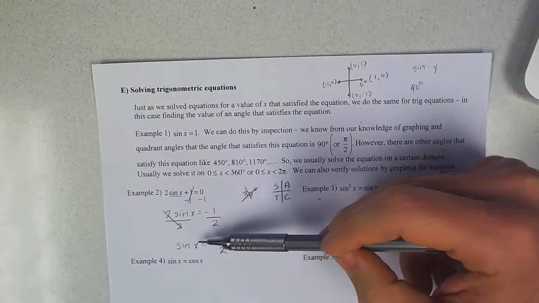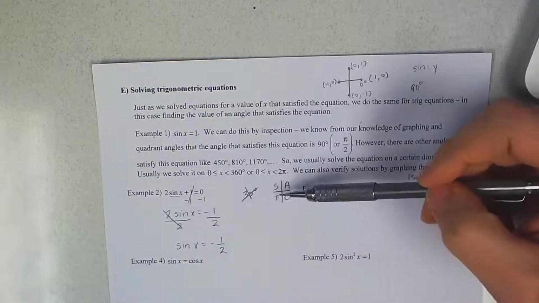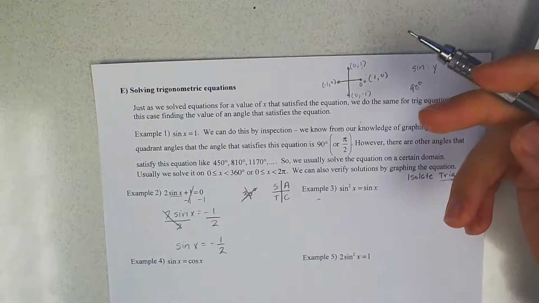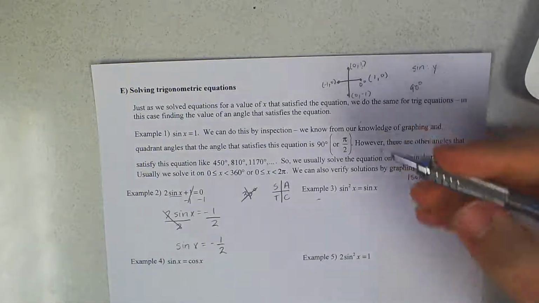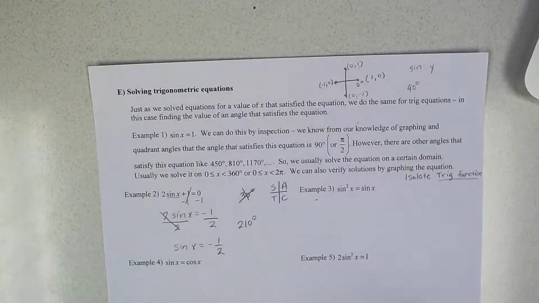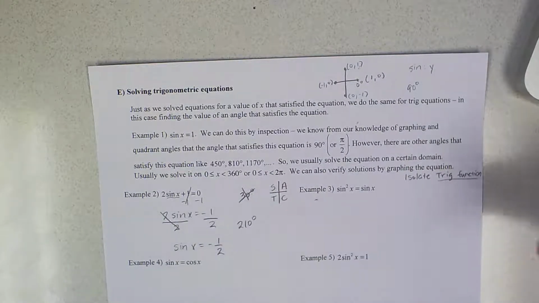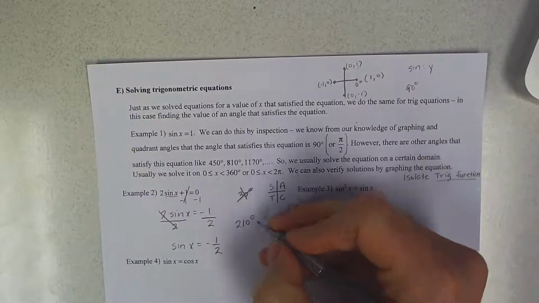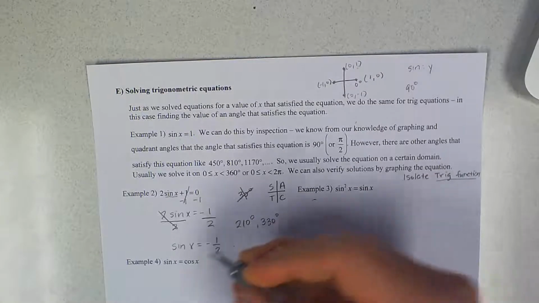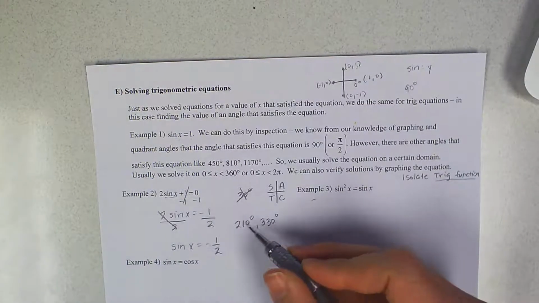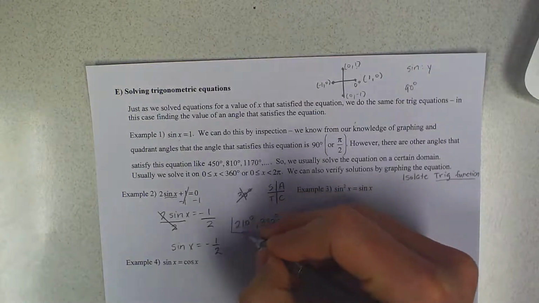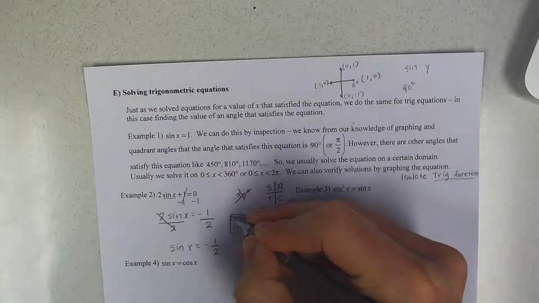Sine is equal to negative 1/2 somewhere in these bottom two, and it would be the angle that 30 goes into, that 60 and 45 don't. That would be 210 degrees, because 30 goes into 210, nothing else does. And then your other one would be 330. So x, or this angle theta, can be 210 or 330 degrees.